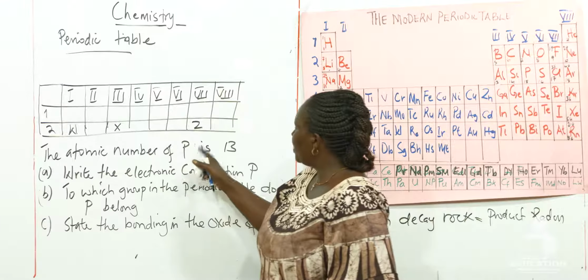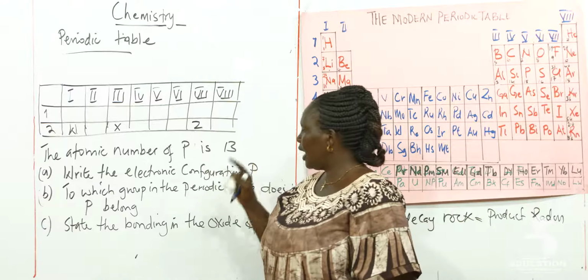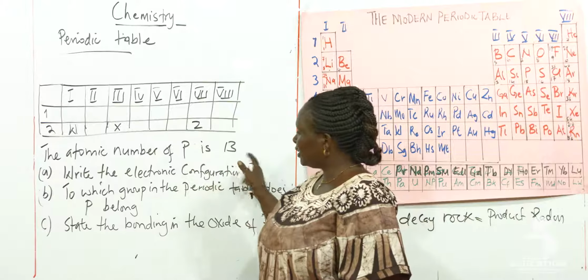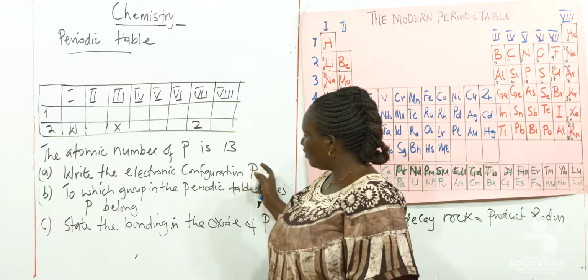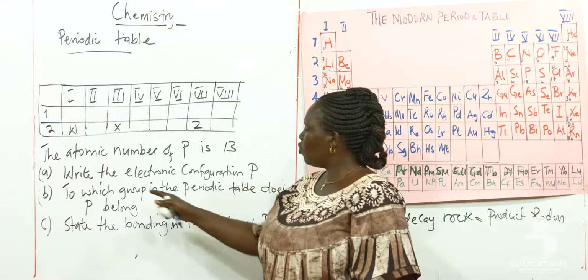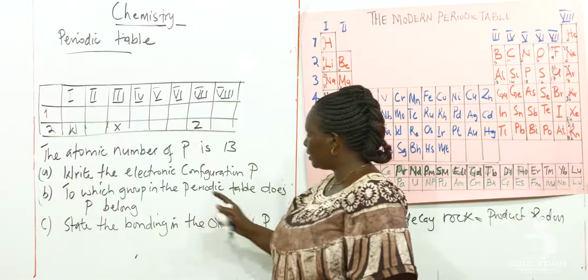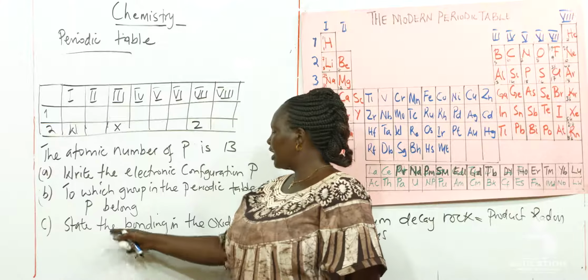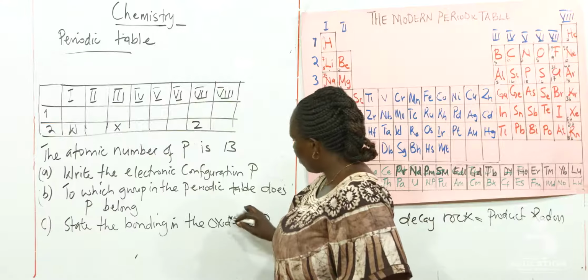The atomic number of P is 13. So P is an element with atomic number 13. You need to write the electronic configuration of P, then say to which group in the periodic table P belongs, then state the bonding in the oxide of P.